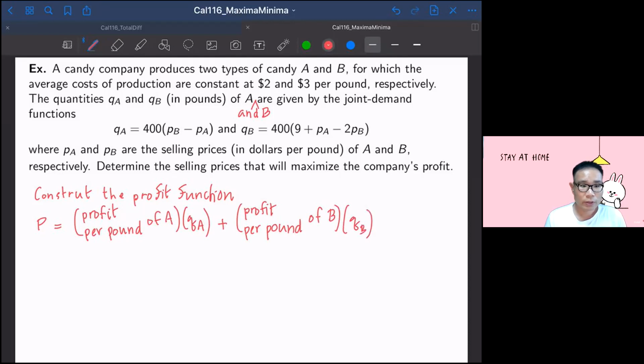So the profit turned out to be the price subtracted by the cost, and you see that the cost turned out to be $2 and $3 respectively.